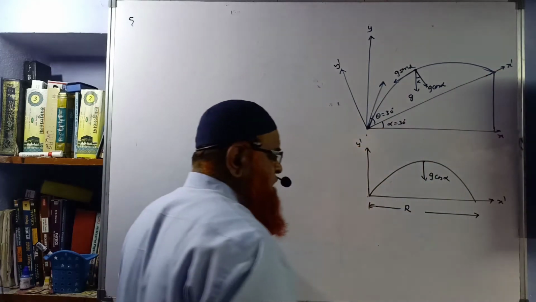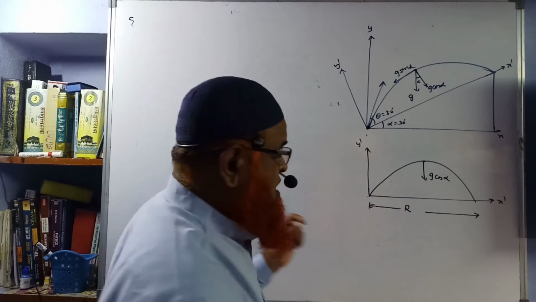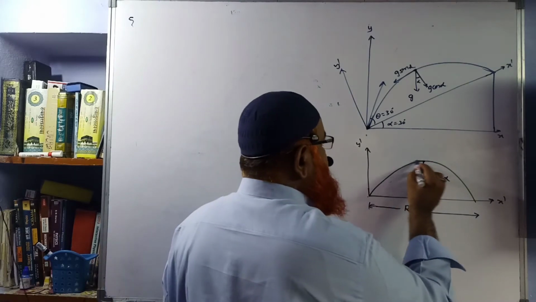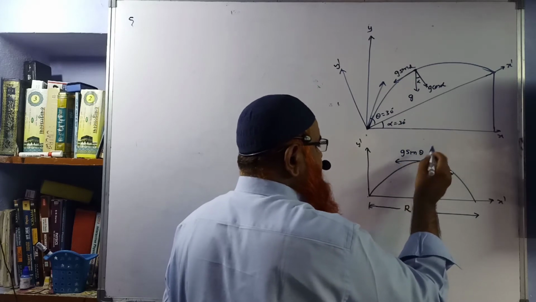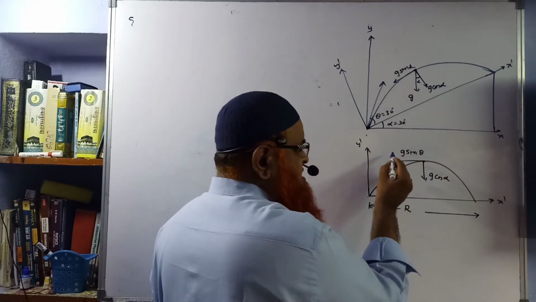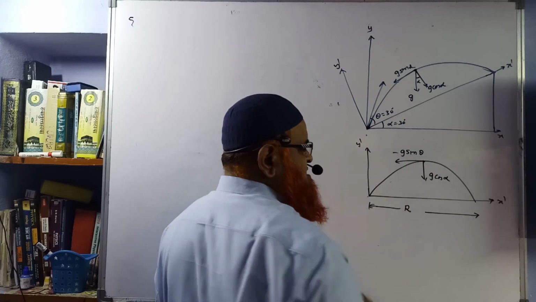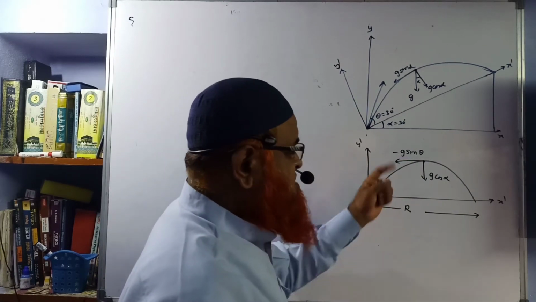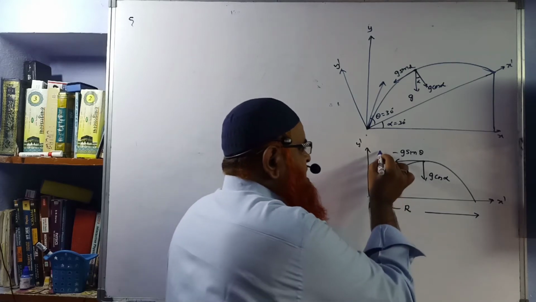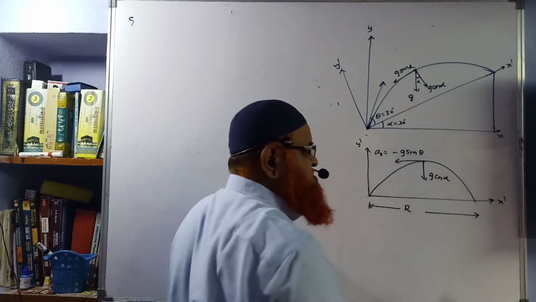So how are you going to find out the range here? Let us consider what is acting in this direction. This is g sine alpha acting in this direction. So you can consider this as minus g sine alpha here. So ax is equal to minus g sine alpha.